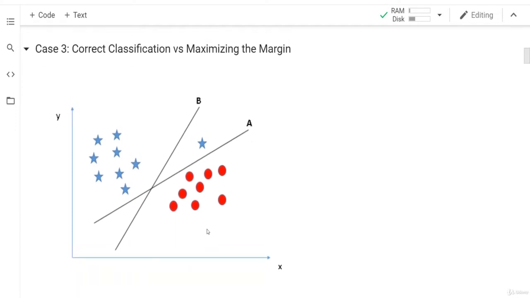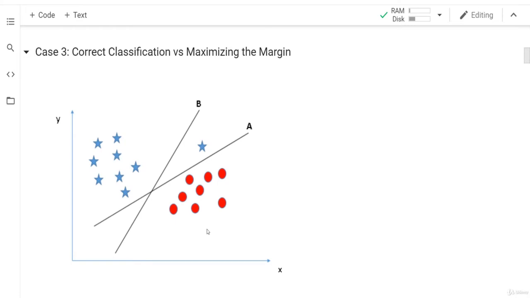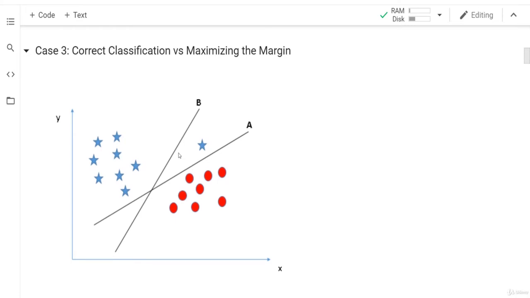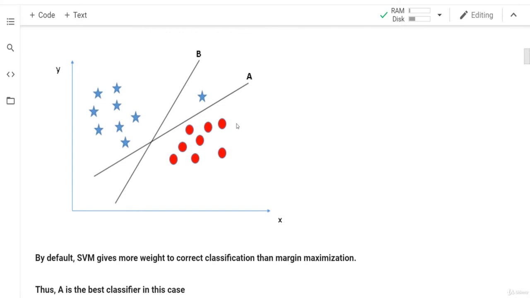So in this case, which one is the better hyperplane, A or B? If we are going to use SVM, or support vector machine, and we will explain what it is, you will see that SVM by default gives more weight to correct classification than margin maximization. A is classifying all the data points correctly, while B is maximizing the margin; the margin between its decision boundary and the nearest data point is much bigger than the distance from A to the star or to the circle.